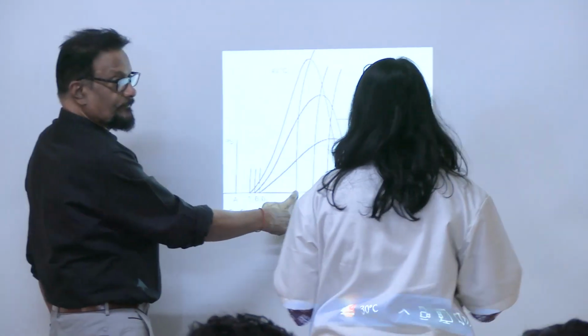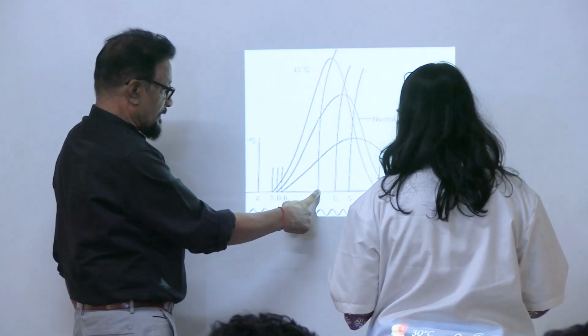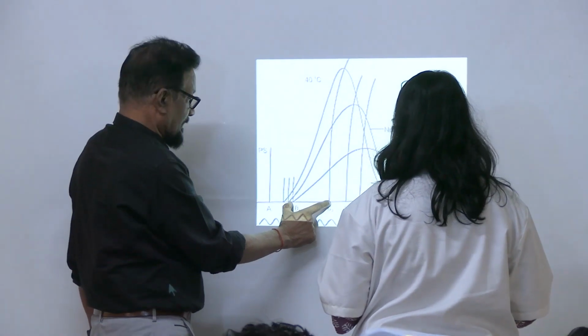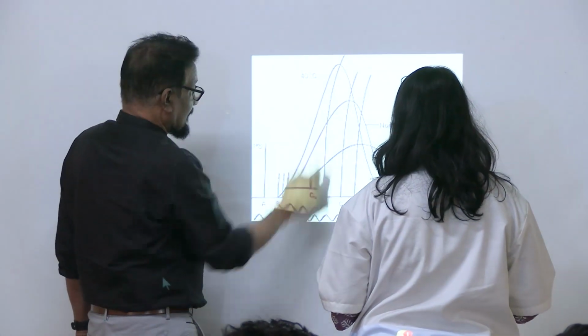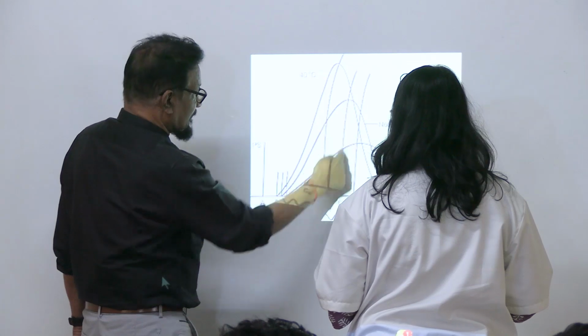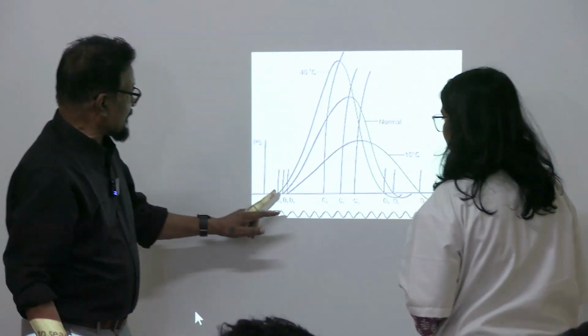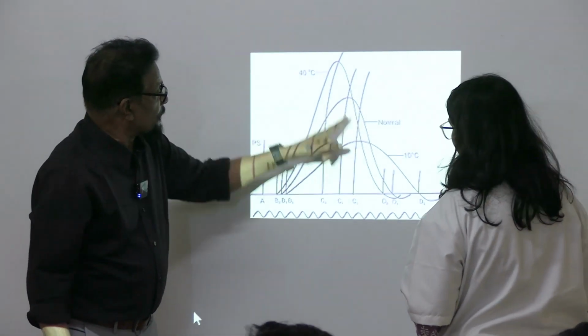This is the maximum point. So this is the contraction period, the normal contraction period. Isn't it? This is the normal curve, up to the maximum height.